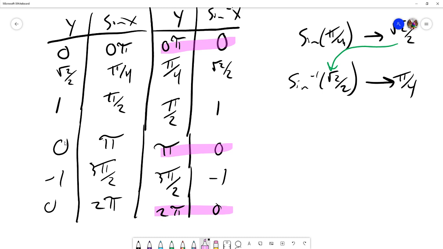So just like with arccosine, for every single input value, there's actually going to be an infinite number of y values associated with it. And the reason, again, is because when you think about just y equals sine x, for any angle, you can find a coterminal angle just by adding or subtracting a quantity of 2 pi.